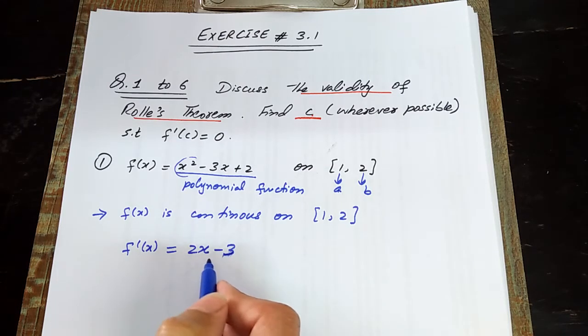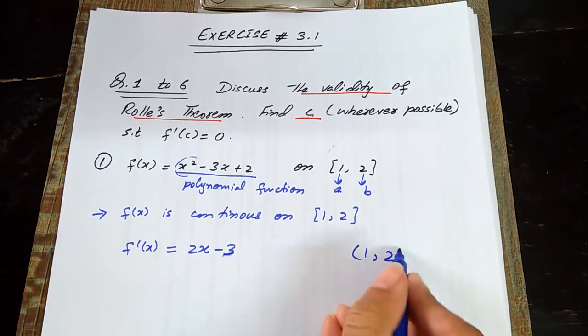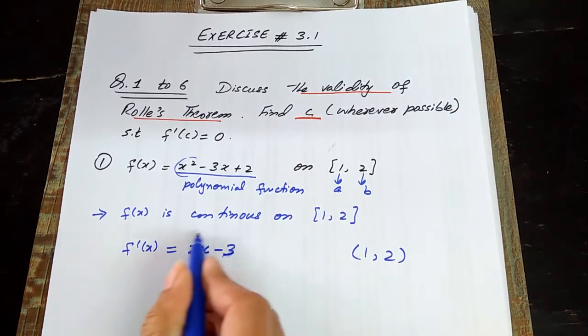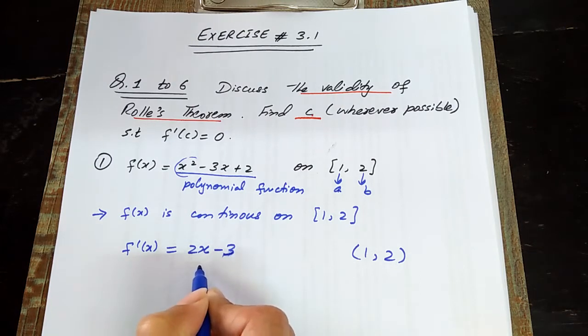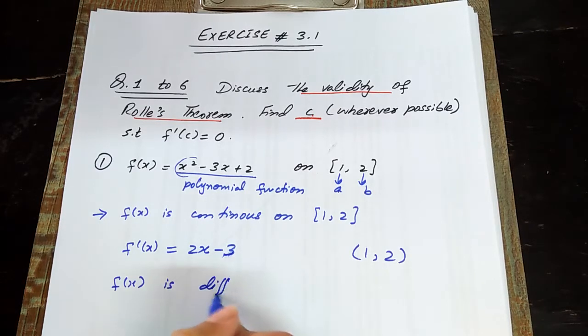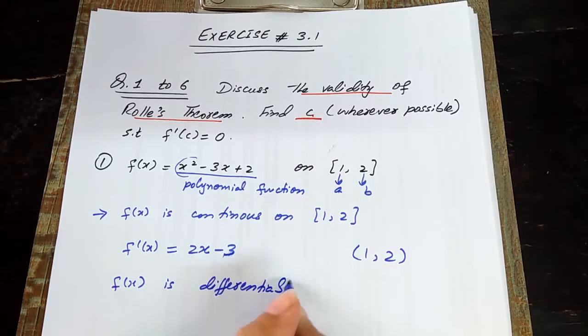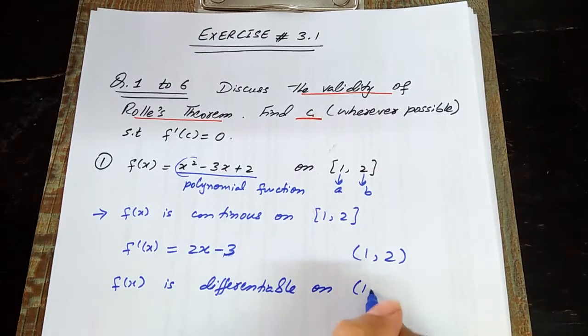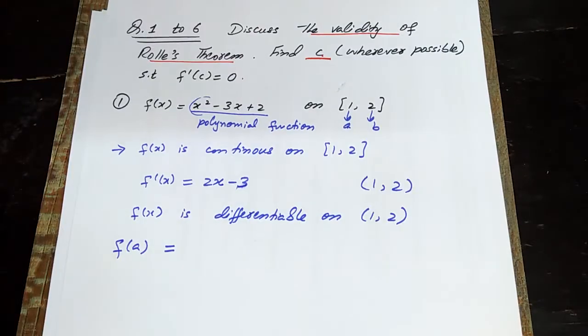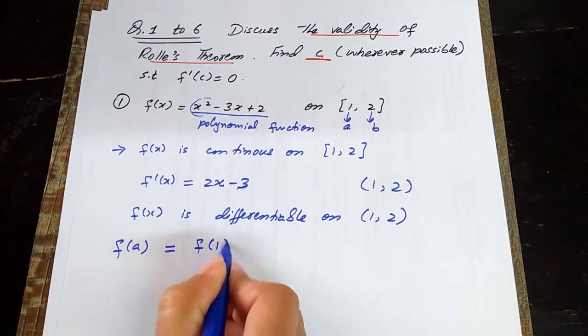Now we have to check whether it is differentiable on this open interval (1, 2) or not. I told you that this is a polynomial function, so there will be no discontinuity. So we say that f of x is differentiable on this open interval (1, 2). Now calculate the values of f of a and f of b. f of a equals f of 1.